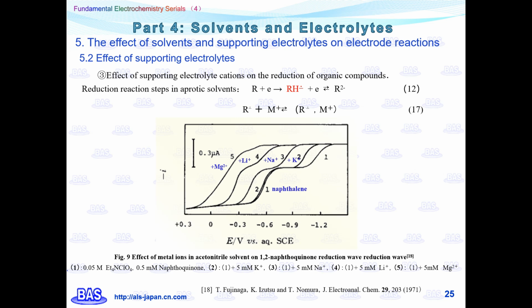The ion pair formation constant can be found from this half-wave potential of the positive shift.